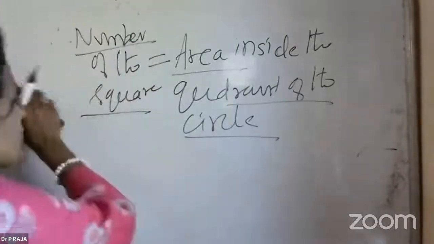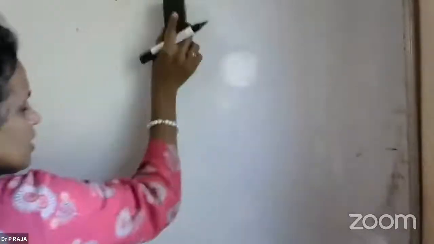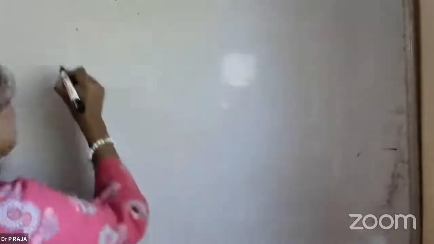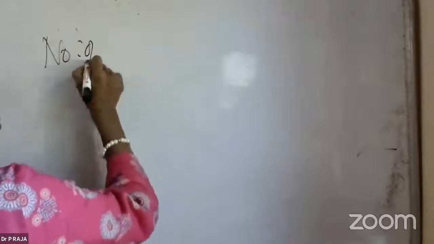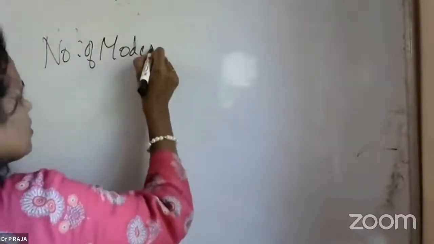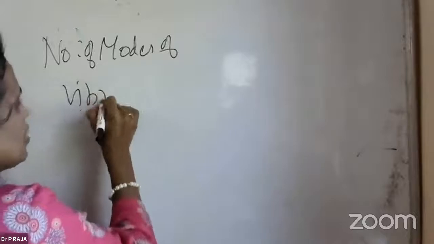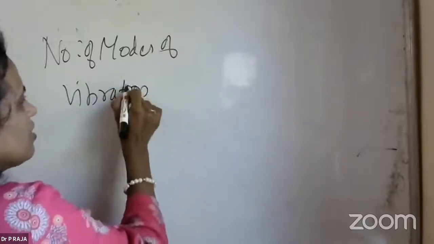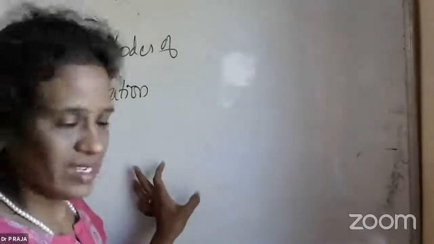So I will write this equation again. Now with this background idea, we are going to calculate the number of modes of vibration. This way of calculation is slightly different from the way that Rayleigh and Jeans calculated.